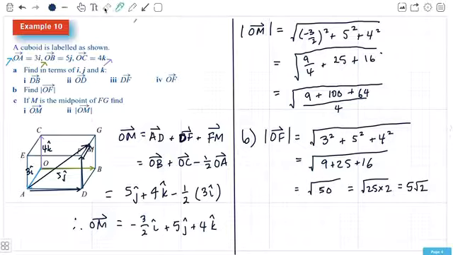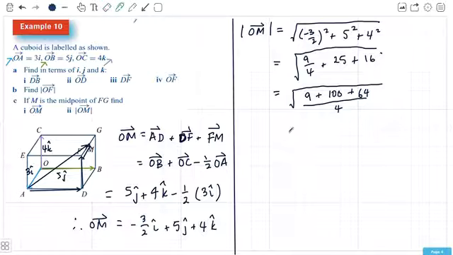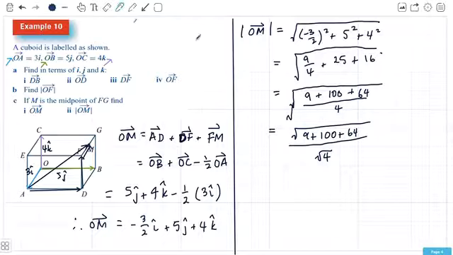Now this is the same as having the square root of 9 plus 100 plus 64 over the square root of 4. So all we've done there is just split this up, and I'll make sure you can see that's where the square root is, square root of the whole thing.